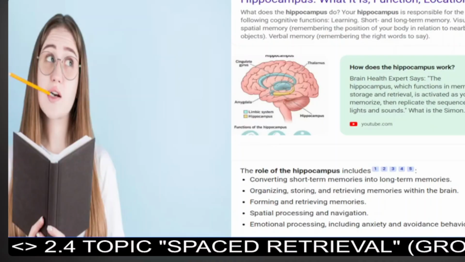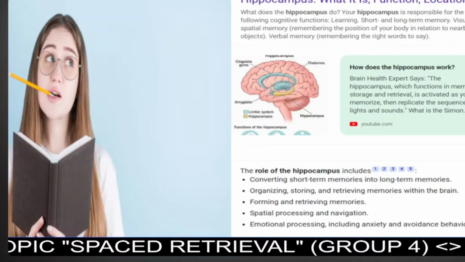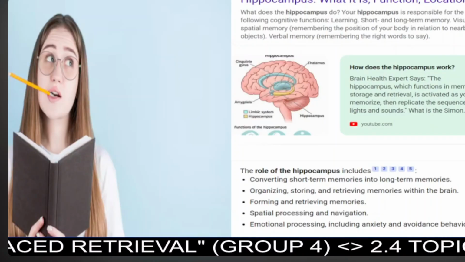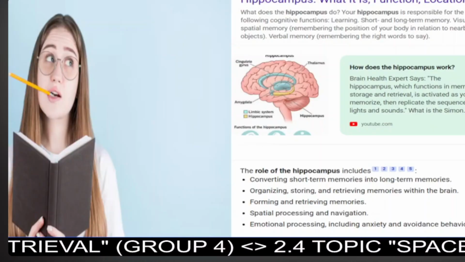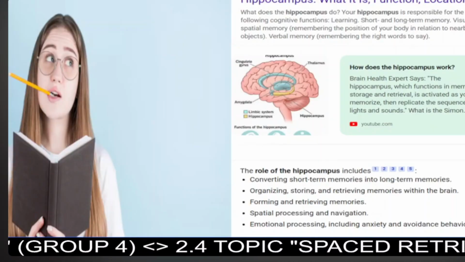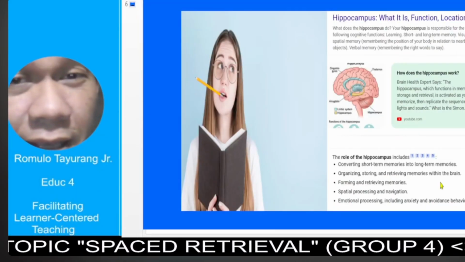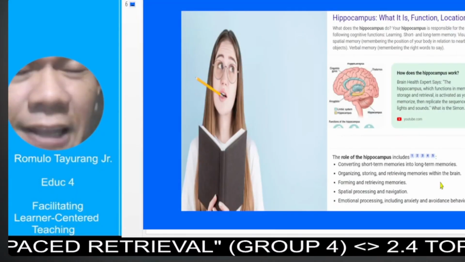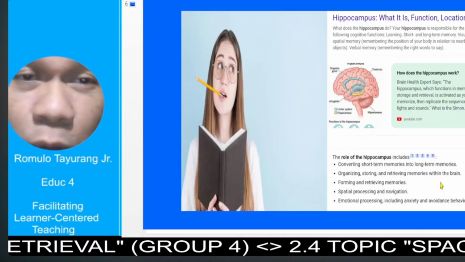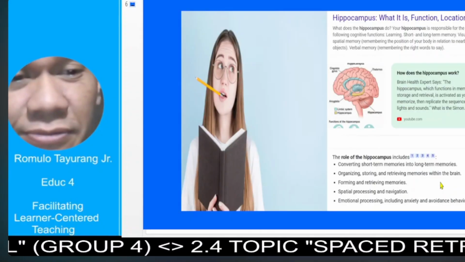And that is connecting from past lessons about the Ebbinghaus forgetting curve. Again, that lesson was the Ebbinghaus forgetting curve.